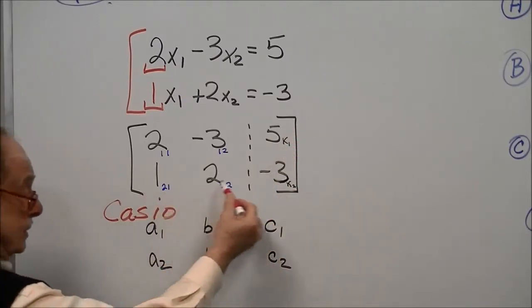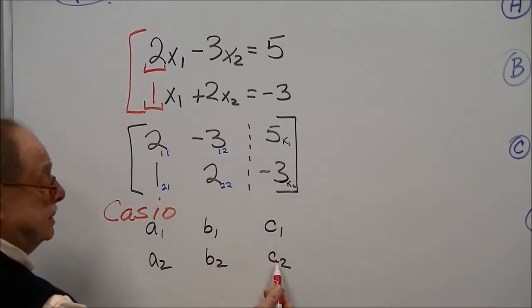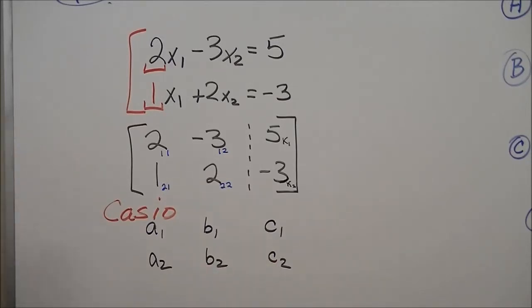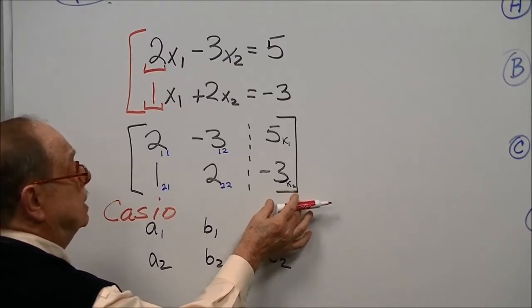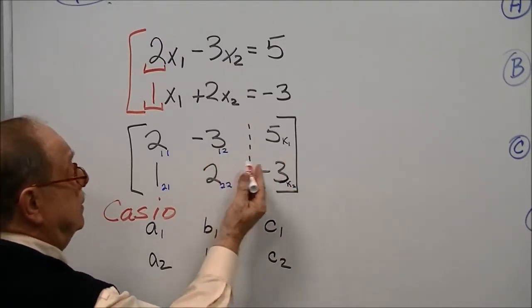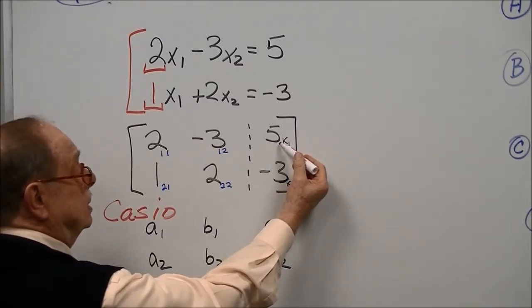Then it would take you to the second row, A sub 2, B sub 2, C sub 2. So you will be asked to identify, and again, if it's just a matrix without a constant column, then this one, in a sense, would be first row, third column.